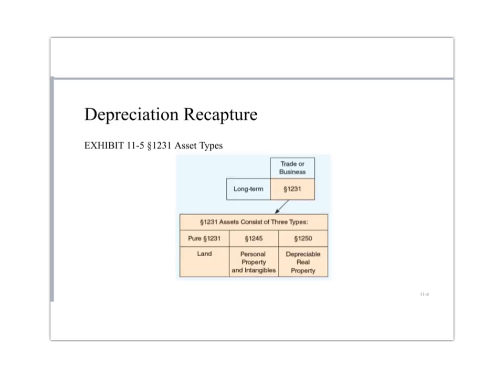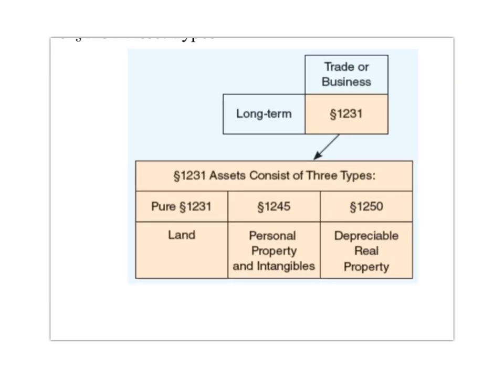I've included this little slide in our discussion because it talks about the asset types. 1231 assets really consist of three potential types. Land is considered a pure 1231 asset because it cannot be depreciated. Personal property and intangibles are called 1245 assets, because of the Internal Revenue Code section that describes their treatment.